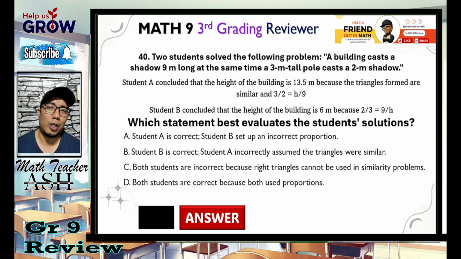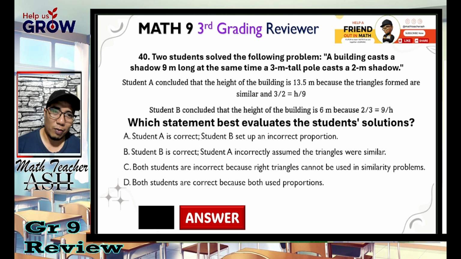Alright, my dear math learners. Now, as you can see here, let's check the student A work and the student B work, whether one of them is correct. It says here that the building casts a shadow of 9 meters. So the height of the building is unknown, the shadow is given. At the same time, we have a pole that is 3 meters with a shadow of 2 meters. So therefore, we could apply height over shadow is equal to height over shadow.